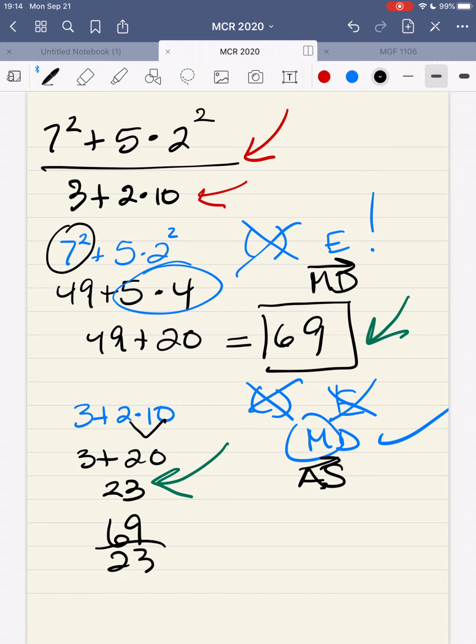And 69 divided by 23 is equal to 3. And when you're doing order of operations, especially when you have fractions and our fraction grouping symbol, we most often want to have a whole number answer. So that is the topic for today. Make sure you work on the problems, and I'll see you in the next video.